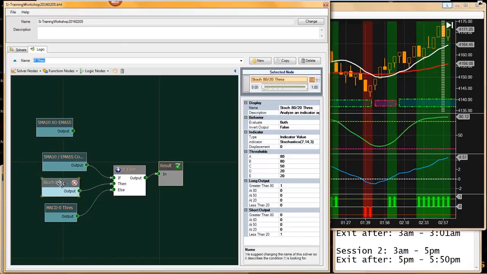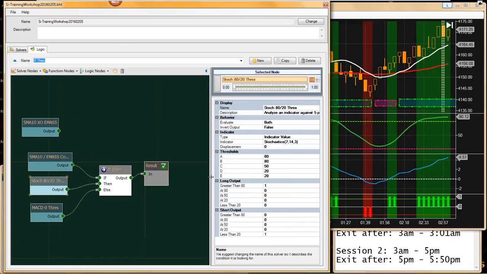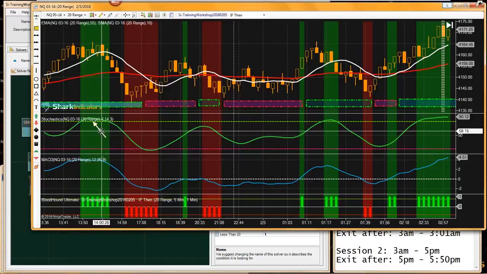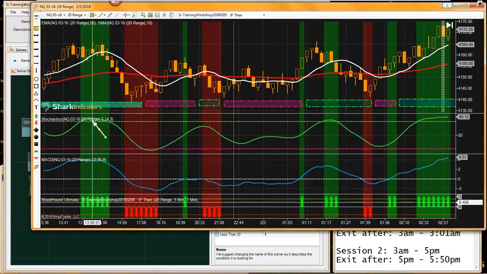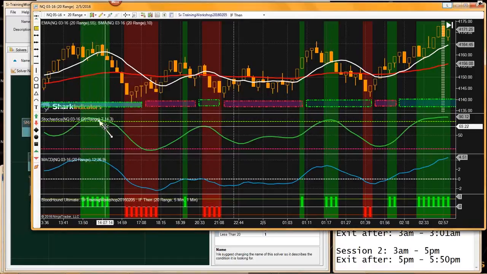Remember we have the solver here that's looking at our stochastic, and so that's connected to the then. So on the long side, then is passing through to the output, right? So these long outputs are coming from the stochastics.